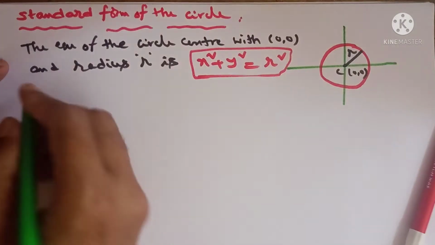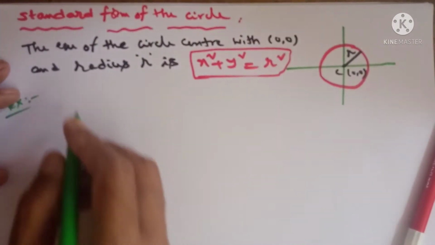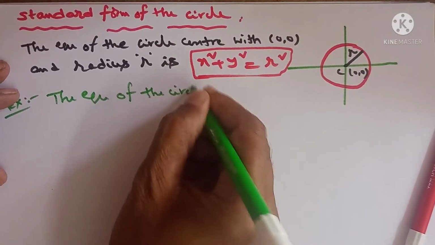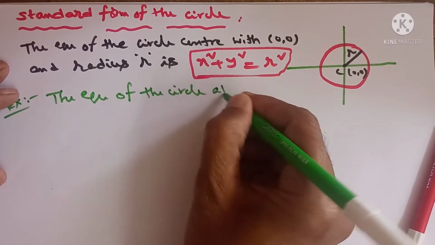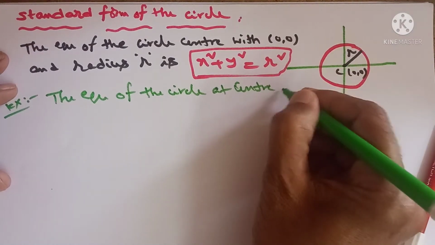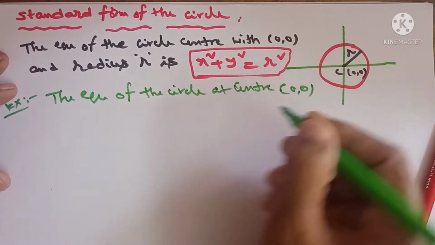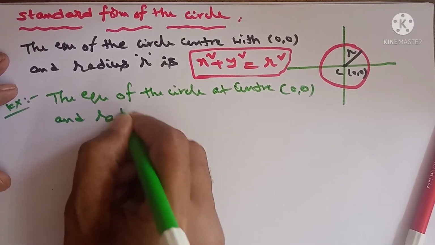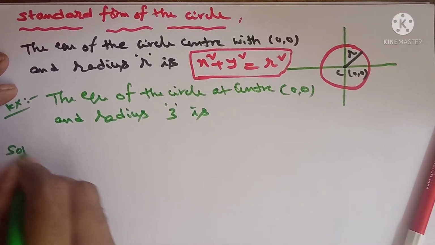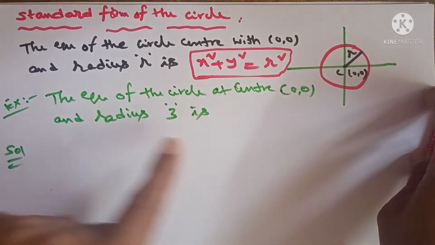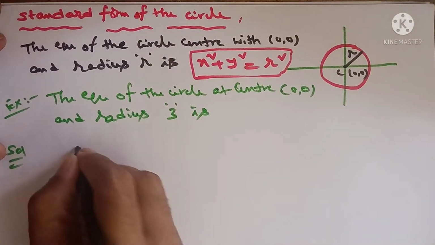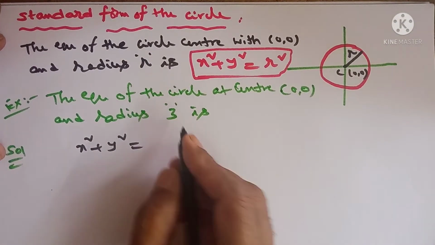Suppose, as an example, the equation of the circle at the center origin and radius 3 is, center is at origin and radius is 3, then the equation of the circle is x square plus y square is equal to r square.